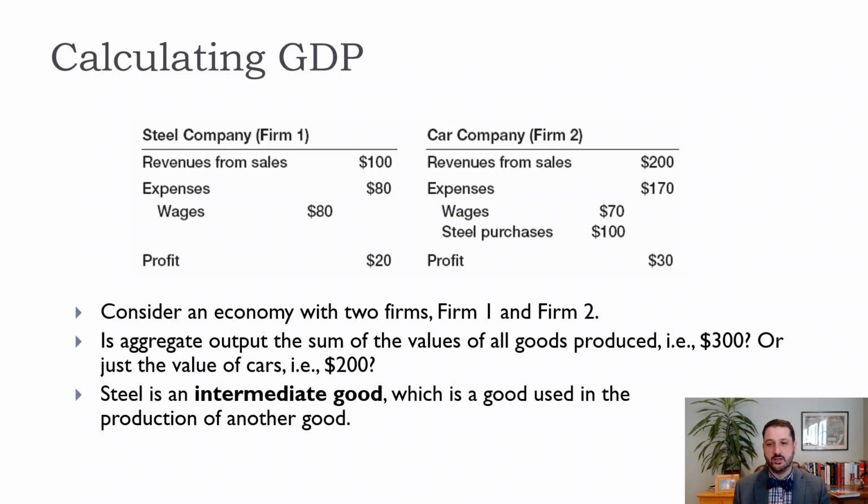Steel here is an intermediate good, whereas the cars are a final good. So what we want to do is count revenues from the final sales of goods and services, things that are not going to be used to make something else. But that's not the only way to do it, as we will see.